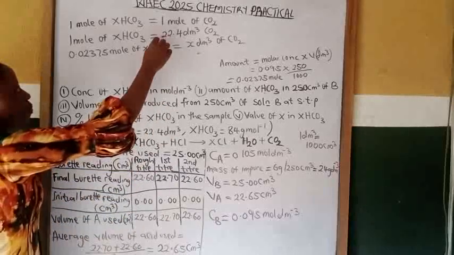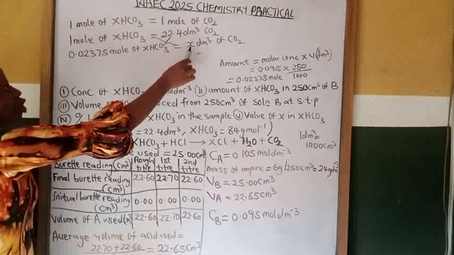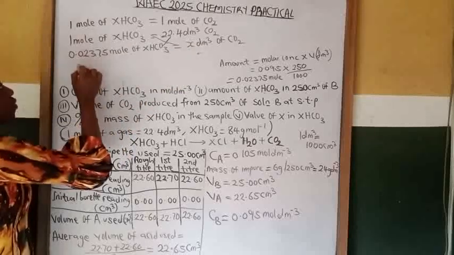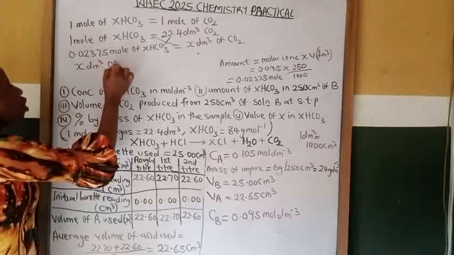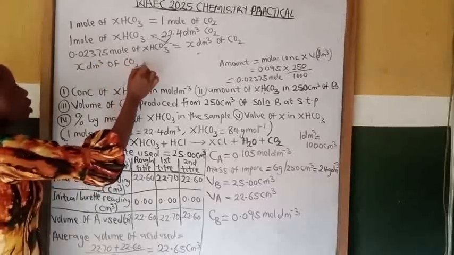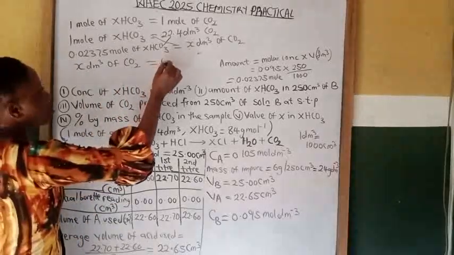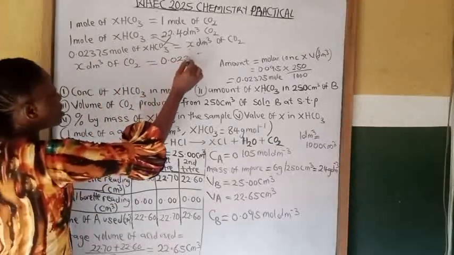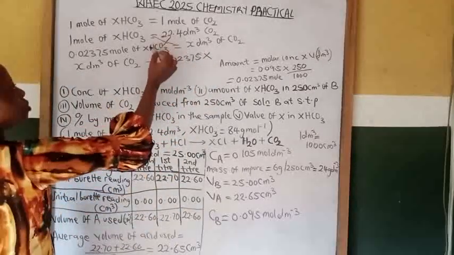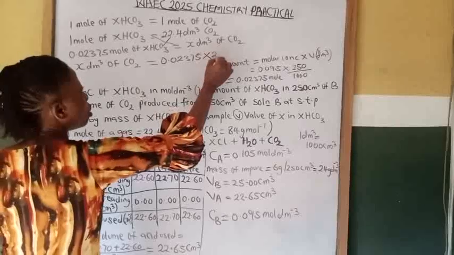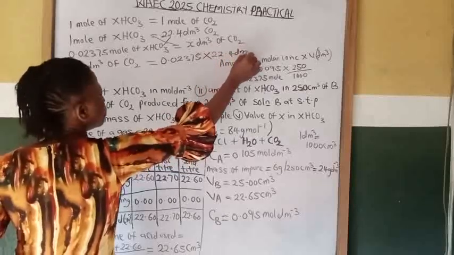Now then you cross multiply. So unknown x, times 1 will give us x. X dm cube of CO2 will now be equal to the new number of mole, which is 0.02375 times the volume, 22.4 dm cube.